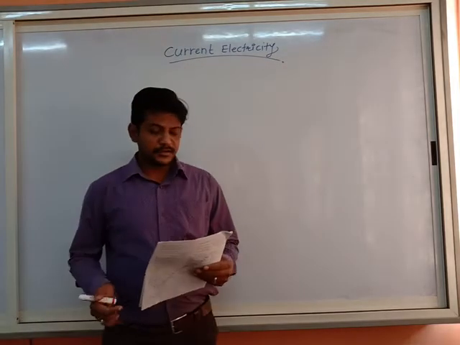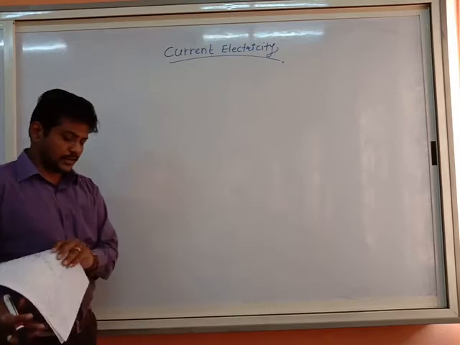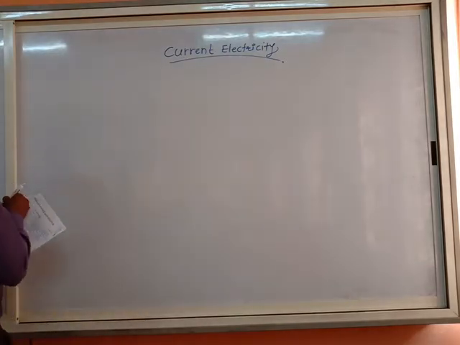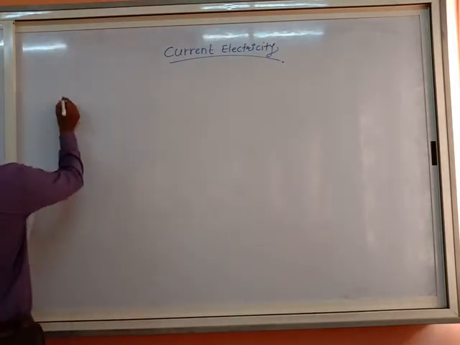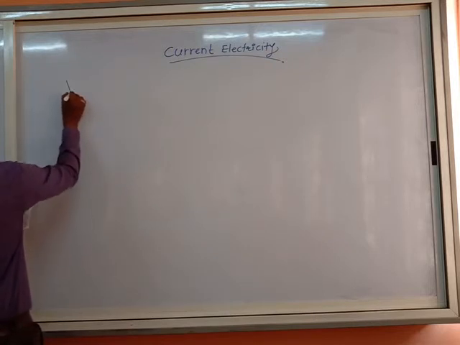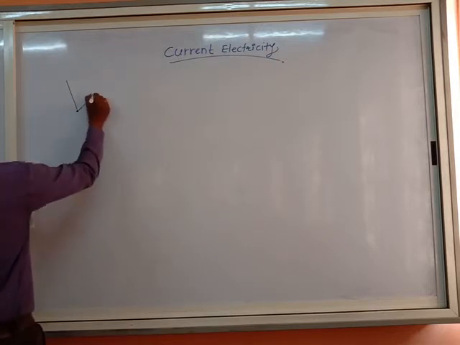In the given current distribution, what is the value of I? So they have given one diagram. This is the network.